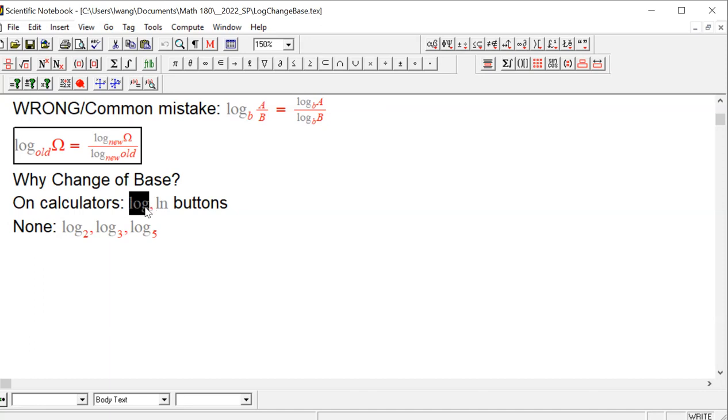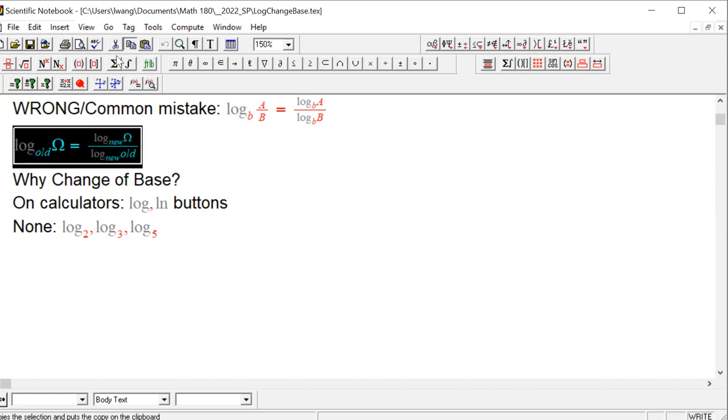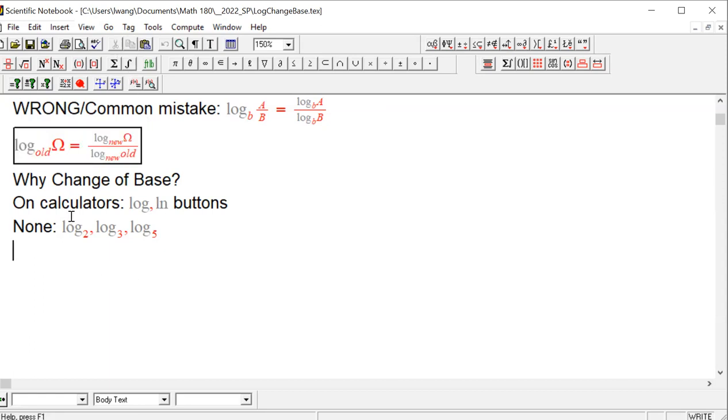If you have common log, that's more than enough. That is sufficient for you to handle any log situation. If you have the additional natural log, great, you have more, but you really just need one. So you're paying extra for something you don't really need. So that's the point. Now, because of this formula, suppose you have a calculator.